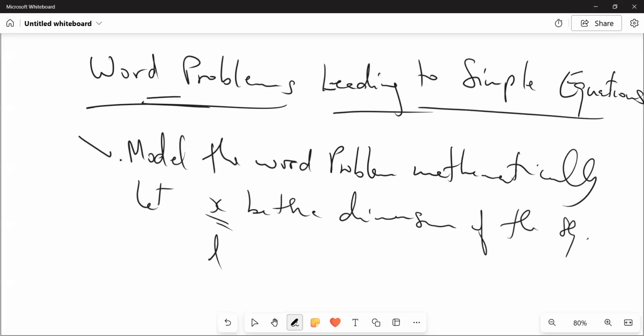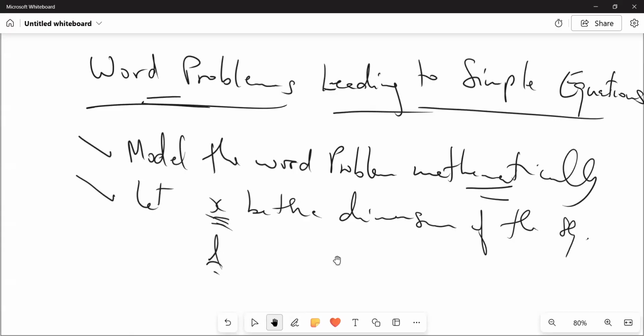That's the first thing you want to do. Model the problem mathematically, and I'm telling you how you can do it. You might start off with giving the unknown a name. You can assign a variable X, Y, Z, L, anything to the unknown.